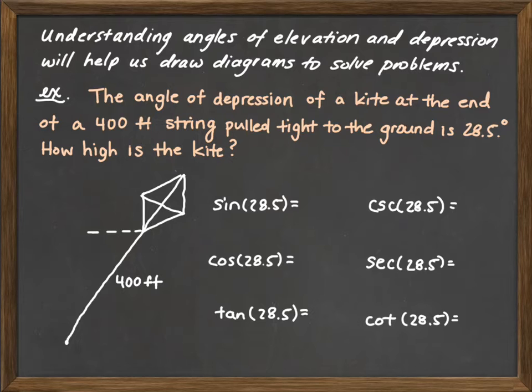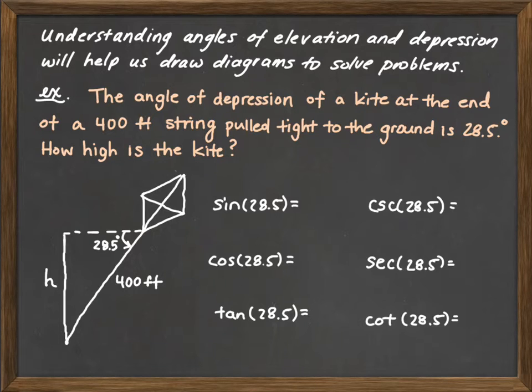So we draw a horizontal, and the angle of depression is given by this angle here, and it's 28.5 degrees. Now the height of the kite from the ground is going to be given by this distance here, and that's what we're trying to find. So what do we do? Well, we want to use our trig functions from section 1.3 to try to solve this problem.